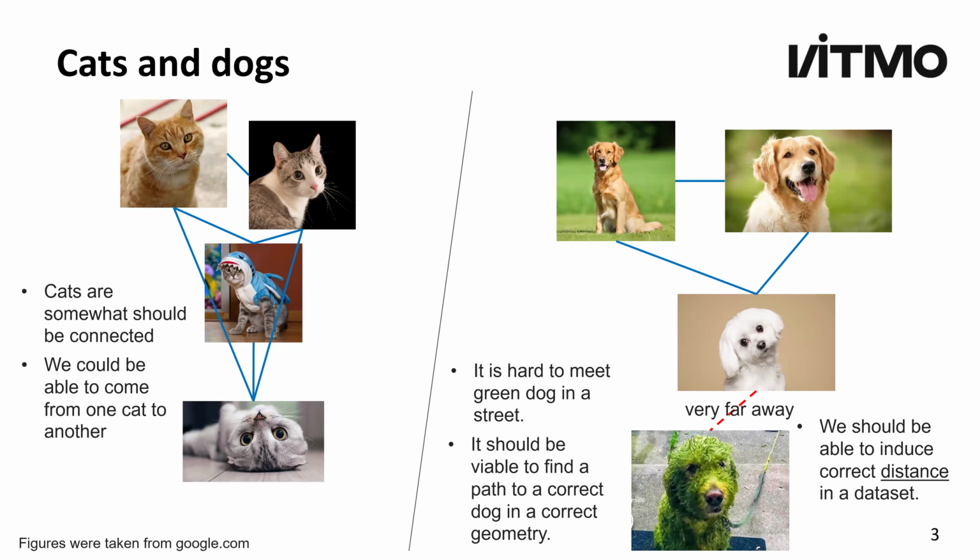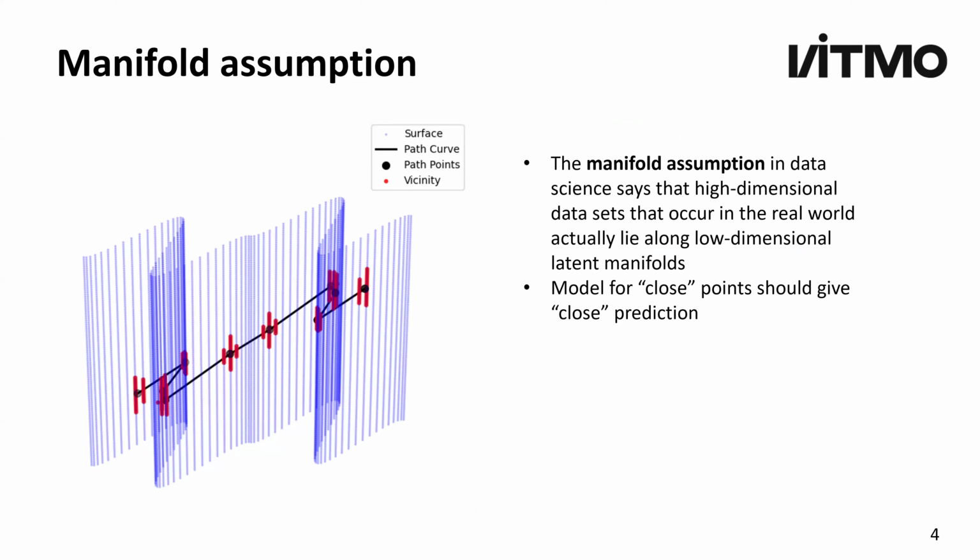So let's move to another very mathematical concept: our common sense thinks in terms of a manifold. We map all cats, dogs, all objects into a very low dimensional space. The number of features we use to distinguish between cats and dogs is very small.